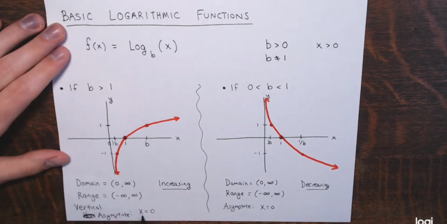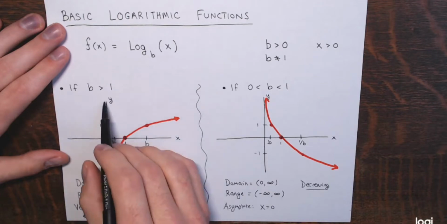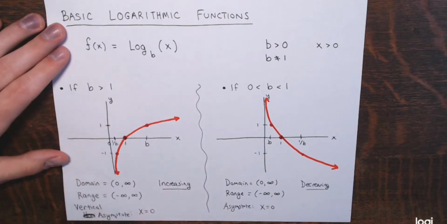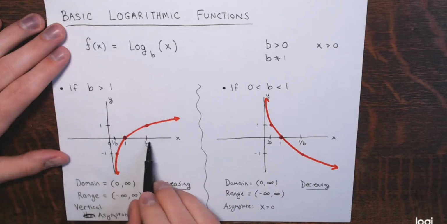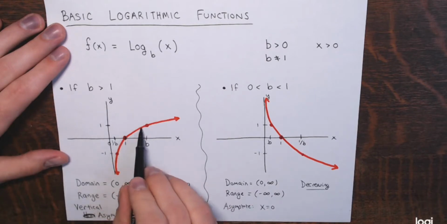And that vertical asymptote, for these pictures here, is x equals 0, the y-axis. Right? The graph approaches the y-axis as you move toward it from the right side, but never actually touches it. And it's an increasing function. Right? As you go to the right, as the input increases, the output increases, right?